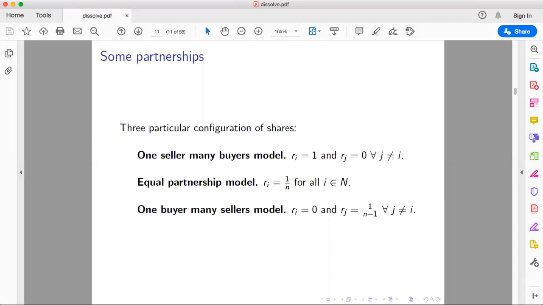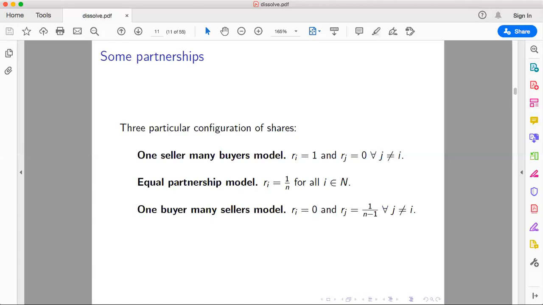The other interesting model is when the partnership structure is completely symmetric, which is what we call the equal partnership model, where everybody has equal property rights over the object. And then slightly less interesting, but we'll come to it, is the property right structure where there is only one buyer, that is, one of the agents has 0 property rights and everybody else has some property rights.